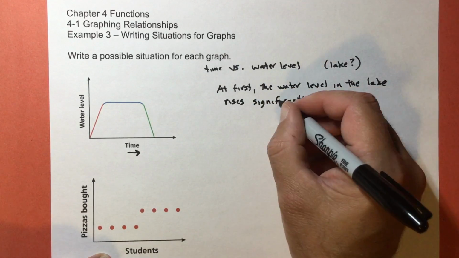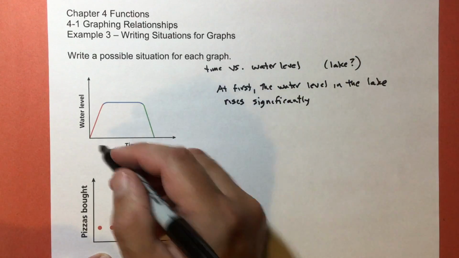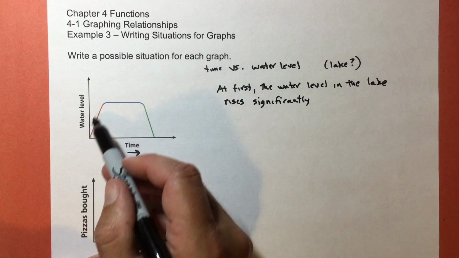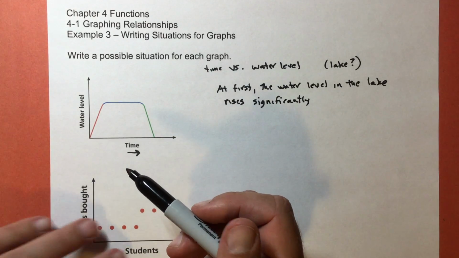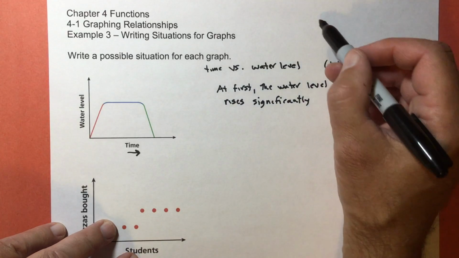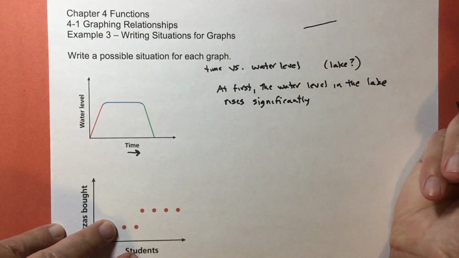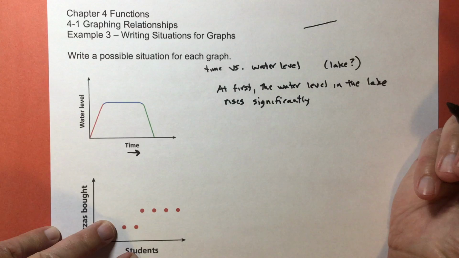That's a fancy word. You can just say it increases rapidly. It goes up a lot because it looks really steep there. It's not like it's going up but not so steep.